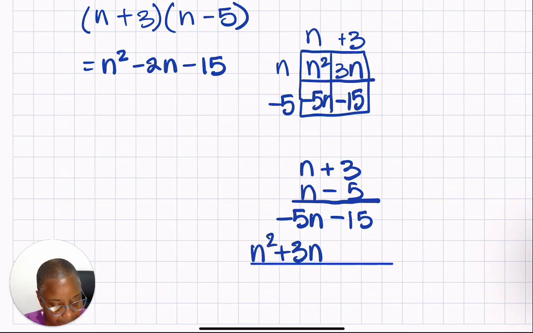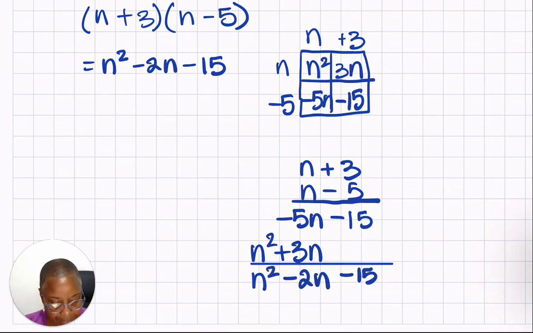And then just like multiplication that we are used to in middle school, I bring down the 15, I add these two, gives me negative 2n, and then I have n squared. Please note, same answer. But then there is also the distribution method as well.